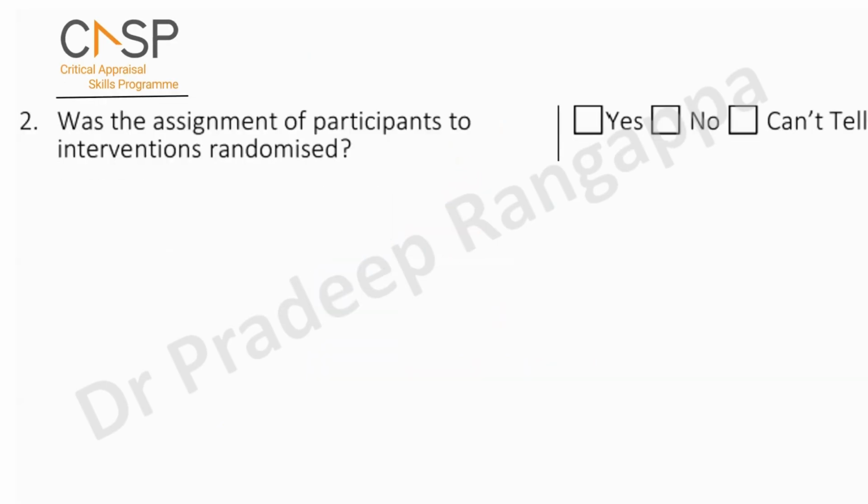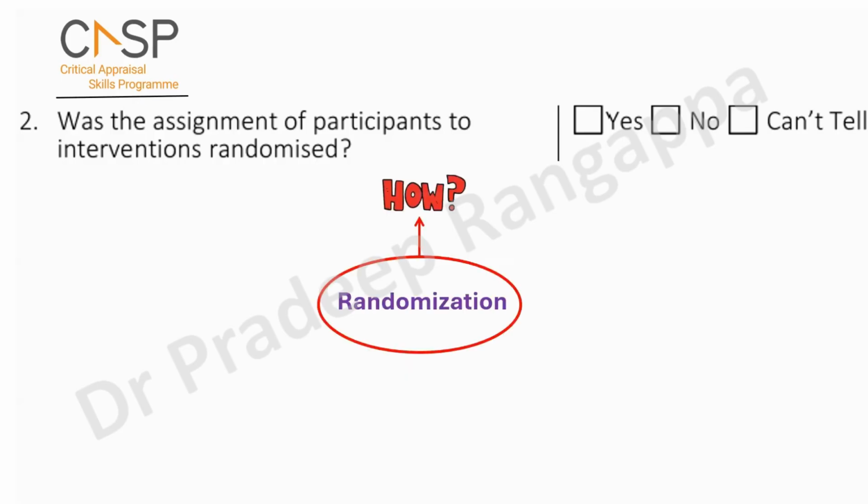The second question is, was the assignment of participants to interventions randomized? So I'll talk a bit about types of randomization. When we talk about randomization, one needs to ask how the randomization was done. Whether it was sequential randomization, simple randomization, block randomization, or stratified randomization. So these are the questions we ask in exams. What are the different types of randomization? How was the randomization done?